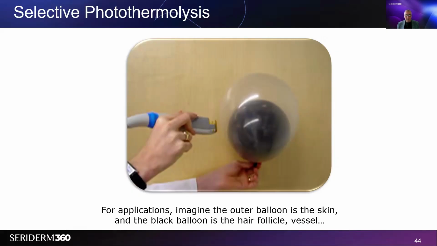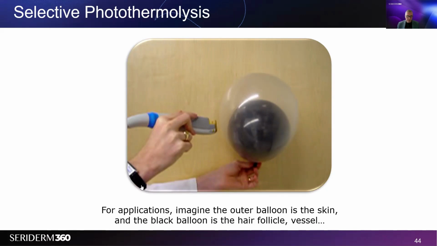Now, if I want to blow up the black balloon, I can choose a wavelength that will pass through the white balloon without damaging it. So if you can imagine the outer balloon is the skin surface and the black balloon is the hair follicle, if I get the wavelength right, I should be able to explode it without damaging the white balloon.